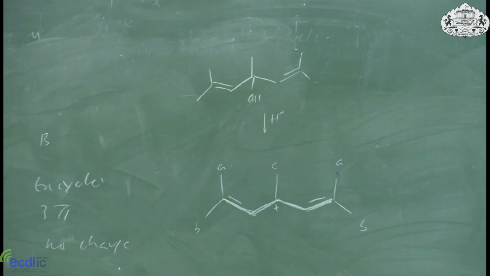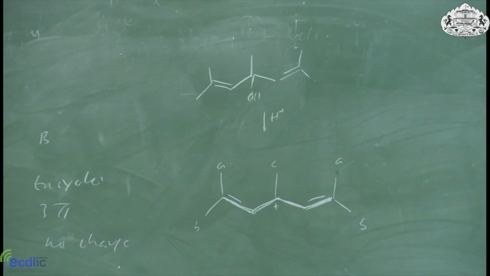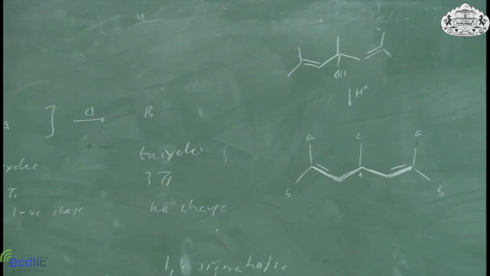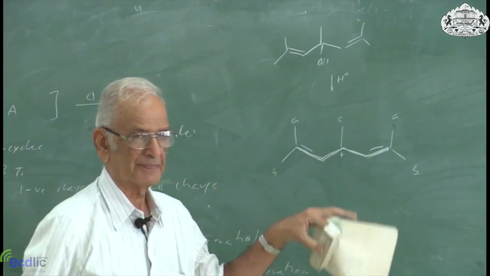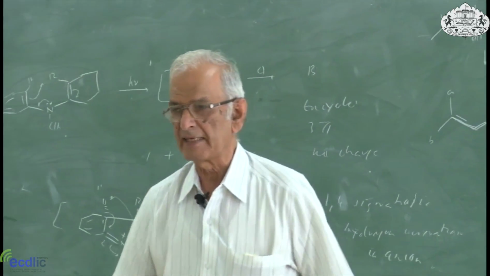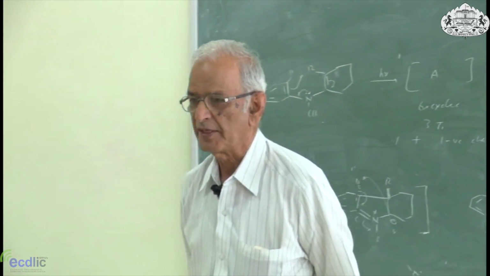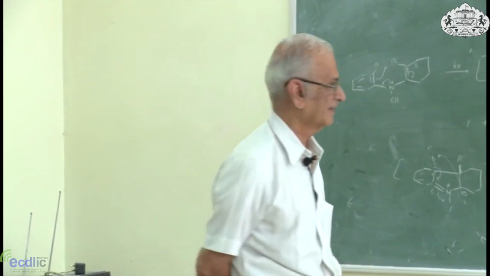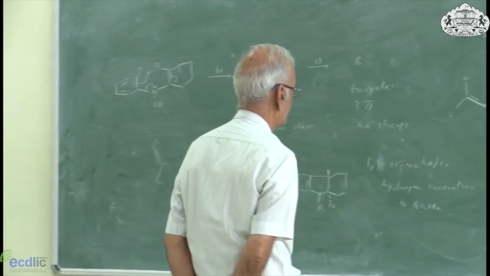But when you look at the product, in the product you find that two methyls are attached to saturated carbon. So, expected was the formation of this product. But what was seen in the NMR was a product with two methyls on saturated carbon. Okay. So, what are we going to do?